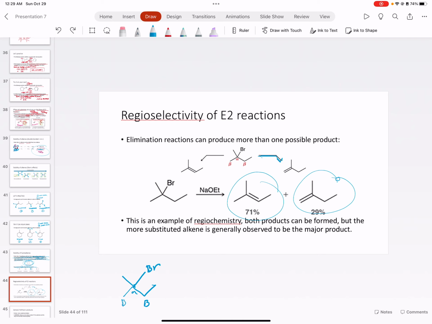Okay, so once we know that, we can do this. So I have option 1 and option 2.